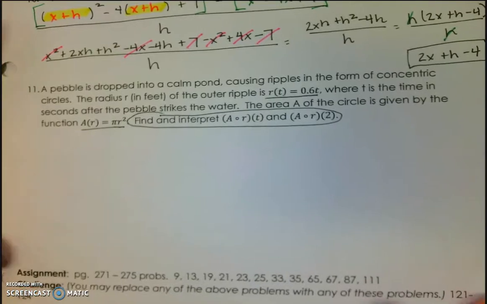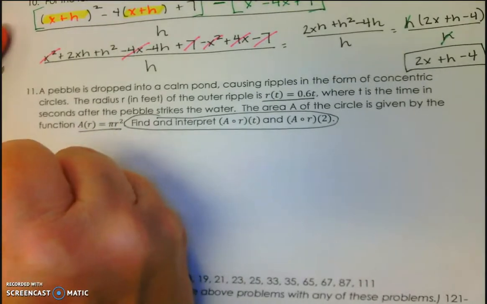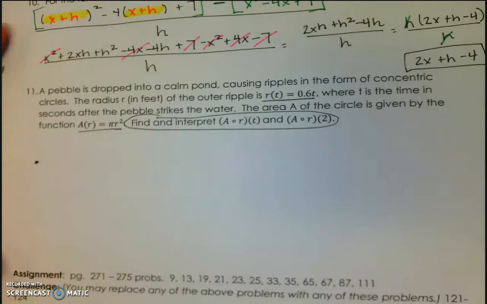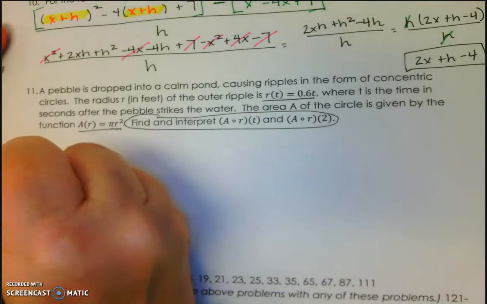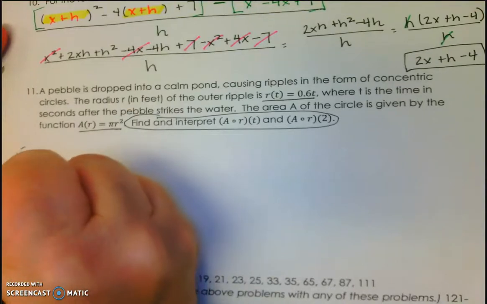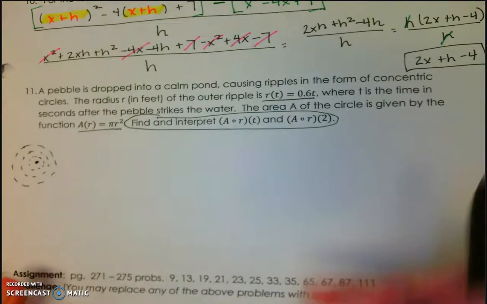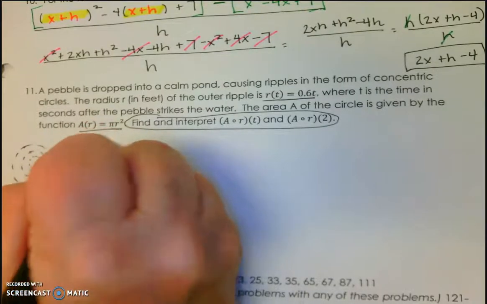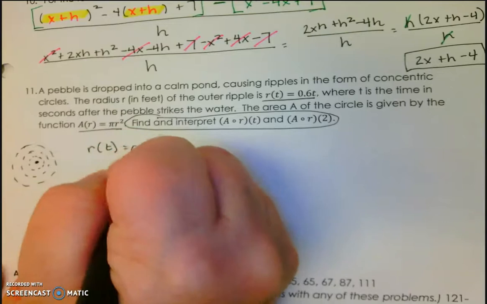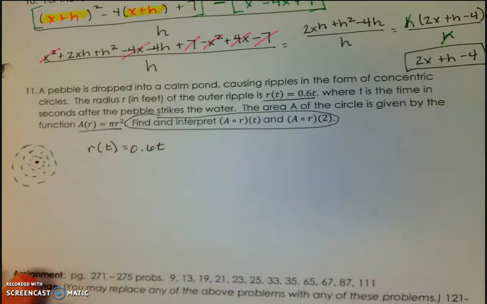All right, so here's what's happening. We are dropping a rock in the water, and when you drop it, it makes little ripples, makes little circles around it. So it looks kind of like that. R of t is 0.6 t.